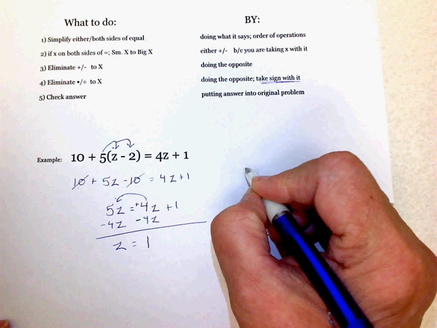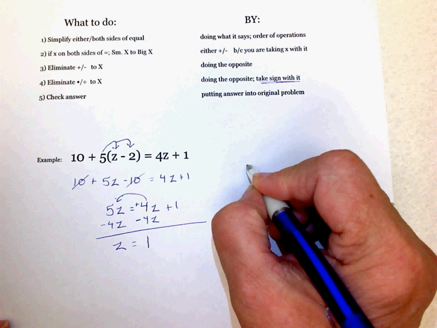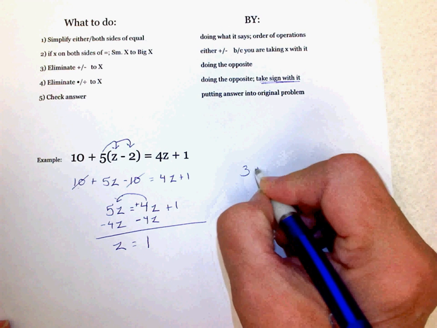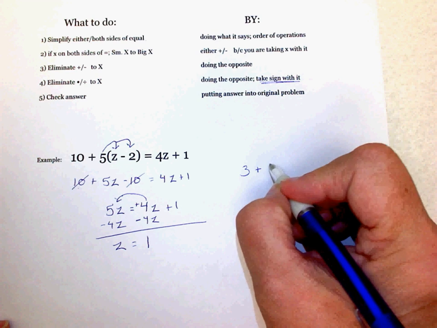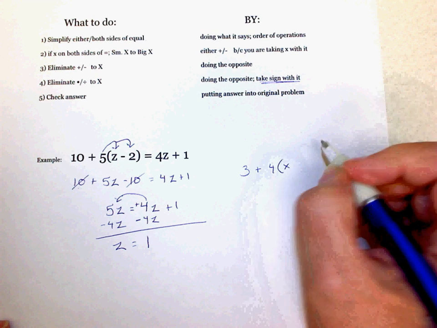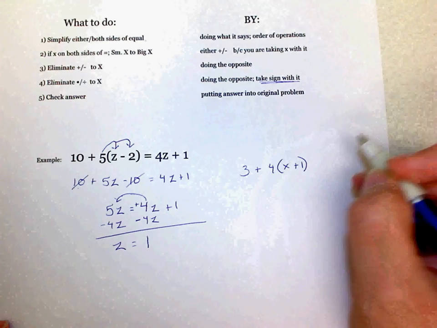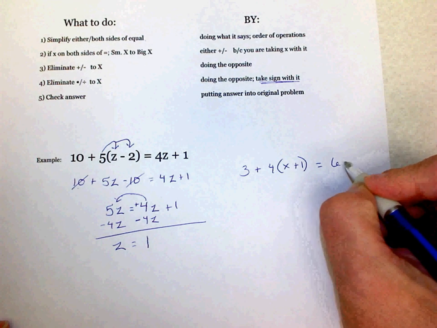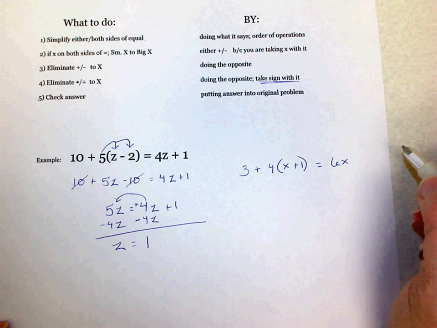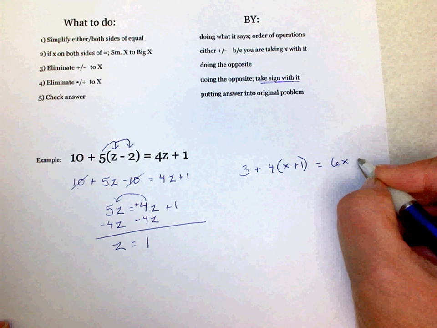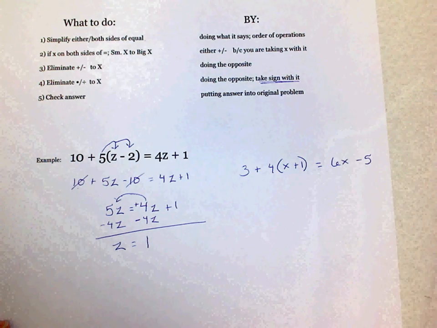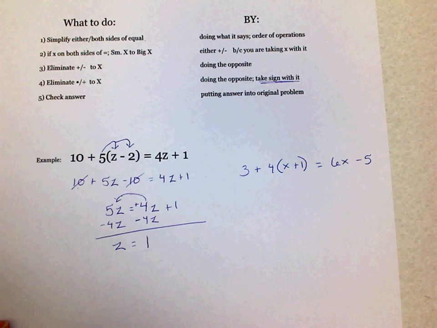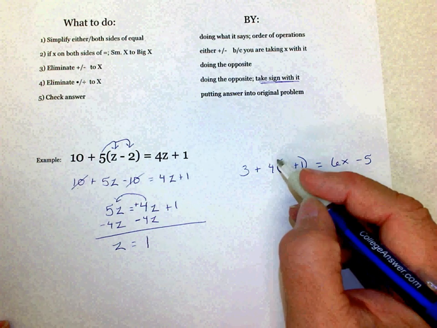So 3 plus 4 times x plus 1 equals 6x minus 5. So let's try that one. Okay.